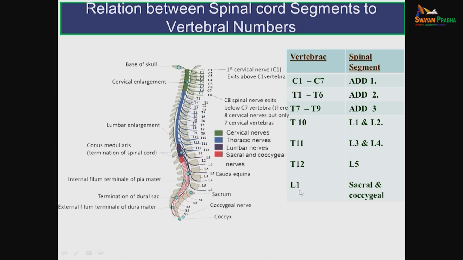So, the L1 vertebra will not correspond to the L1 segment. Actually, it is the sacral and coccygeal segments. So, underlying a vertebra, the spinal segment will be caudal due to the rostral shift of the cord. This is the relation between the spinal cord segment and the vertebral numbers.